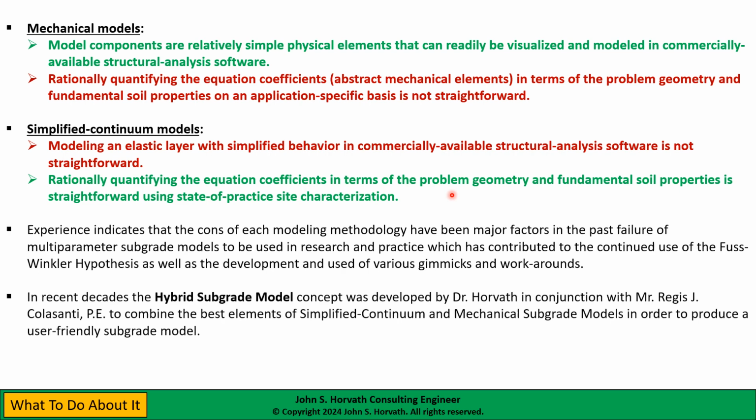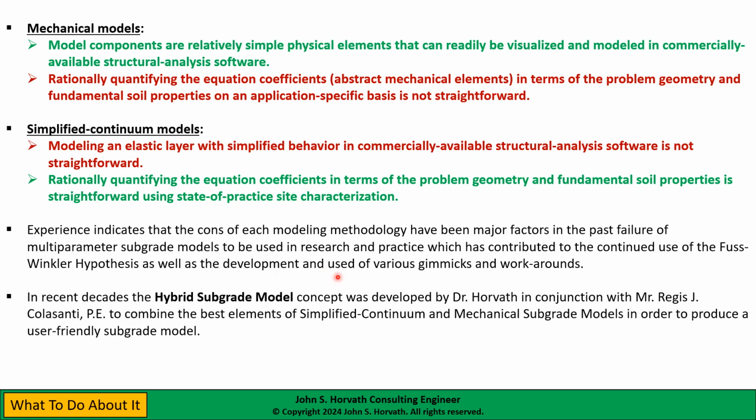Well, the solution that I evolved in the last couple decades, and I have to credit my collaboration with Regis Colasanti, PE, who has been my collaborator in recent decades, is to come up with what we call a hybrid subgrade model.